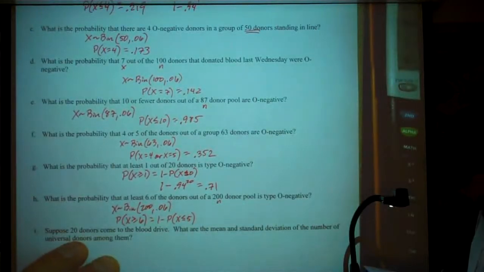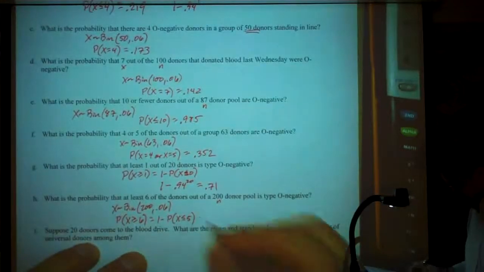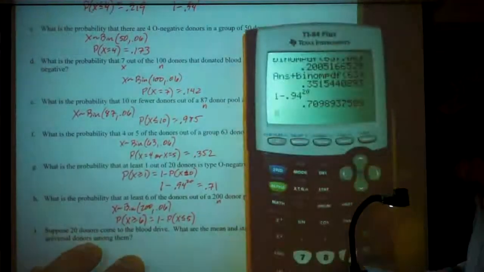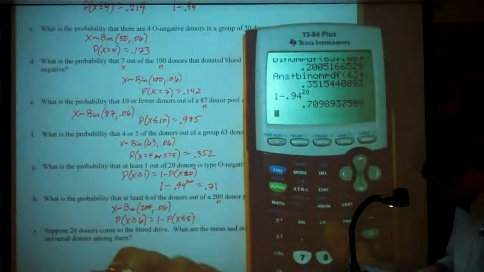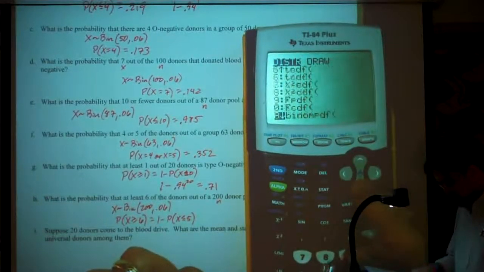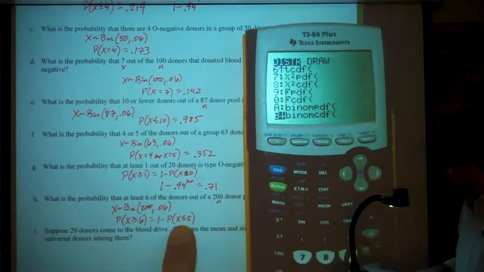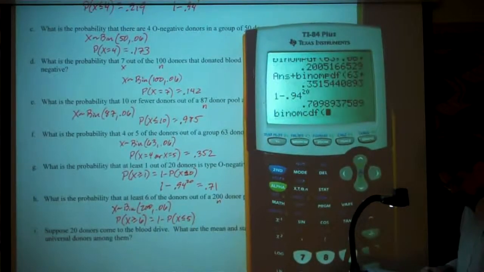Okay? And, well, so I'm going to say second distribution, down to my binomial PDF. No, sorry, binomial CDF, because I want less than or equal to. So binomial CDF, N is 200, P is 0.06, and I want to know the probability that it's less than or equal to 5.